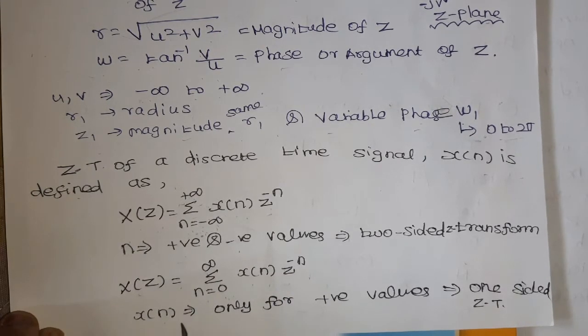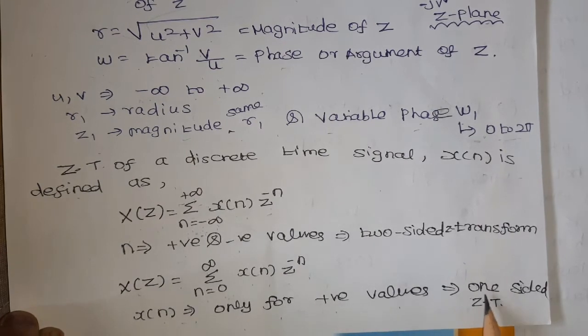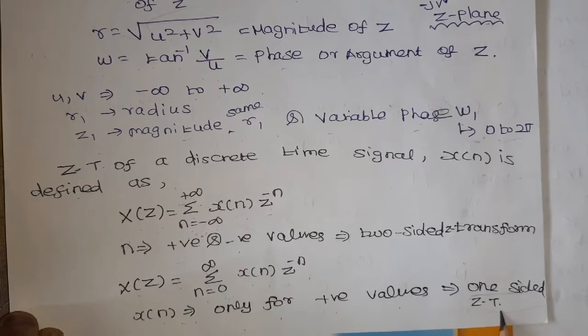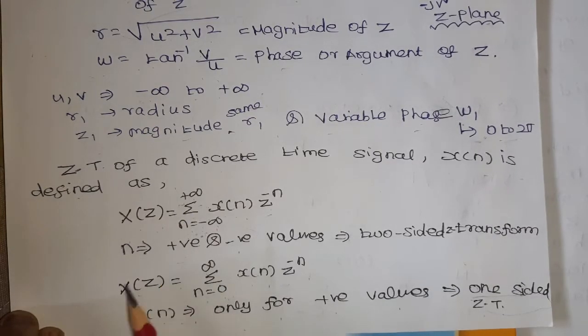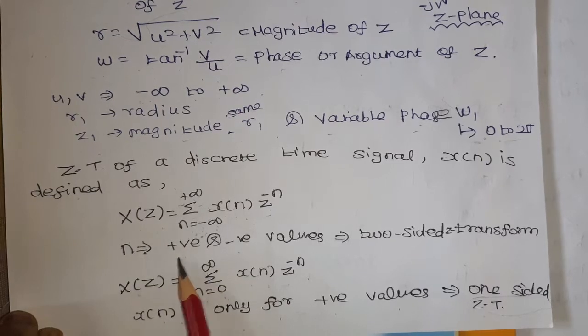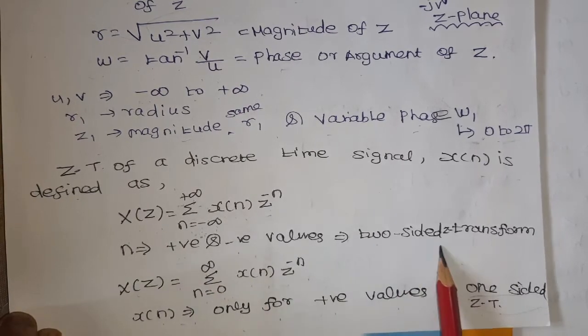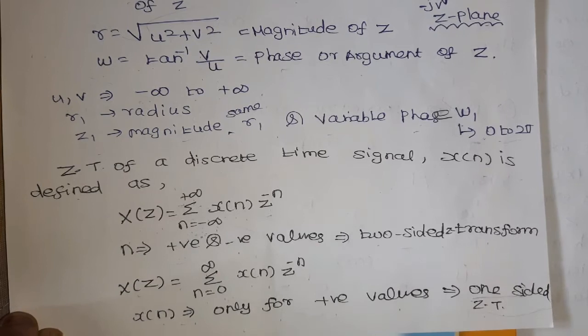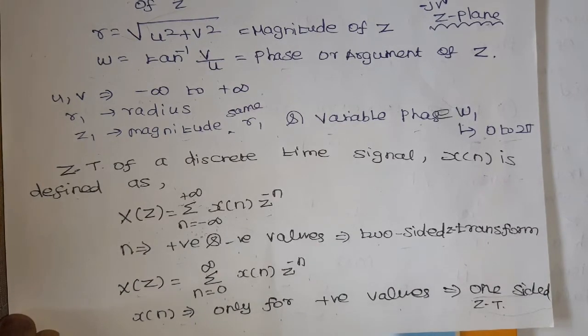So if x of n is defined only for positive values, it is called the one-sided Z transform. If it has values for both positive as well as negative n, it is called the two-sided Z transform.